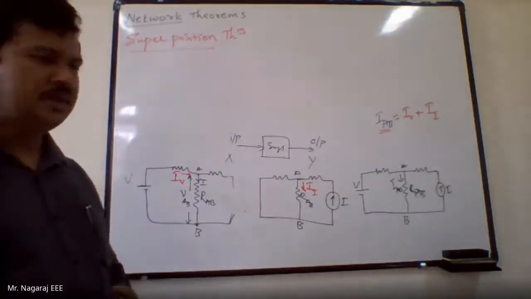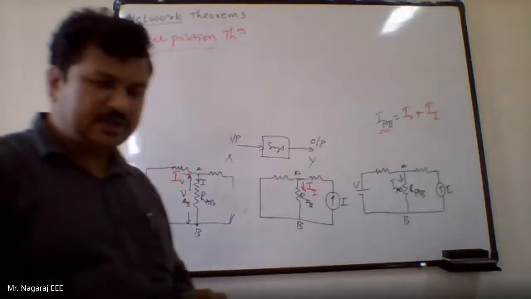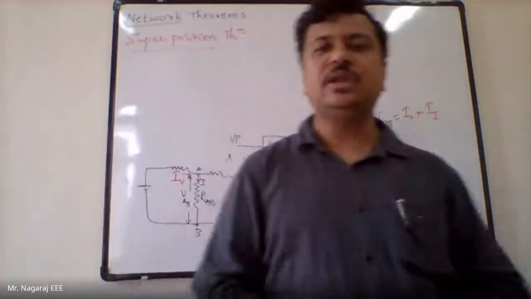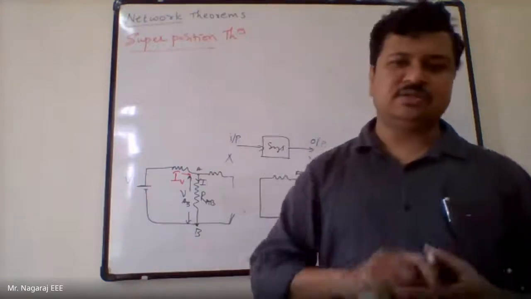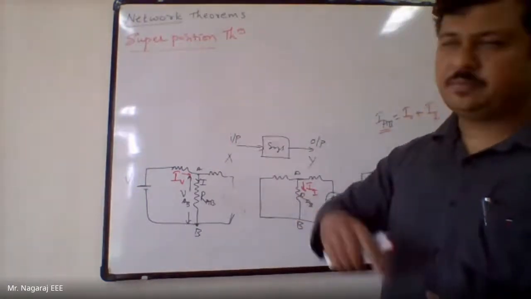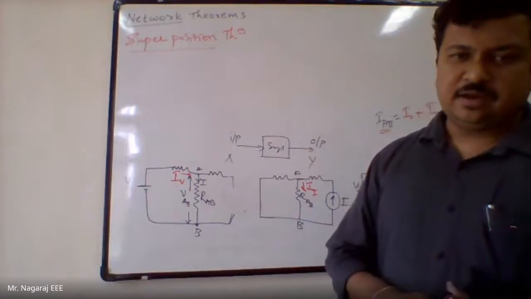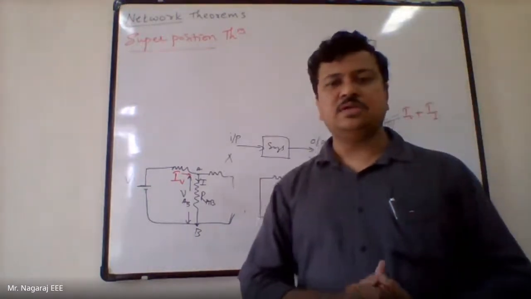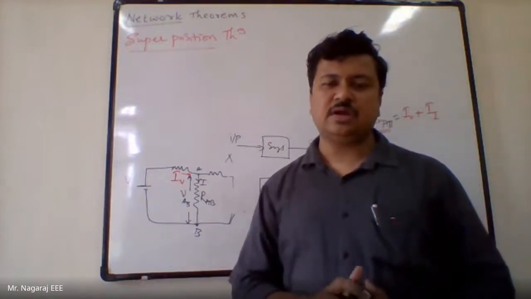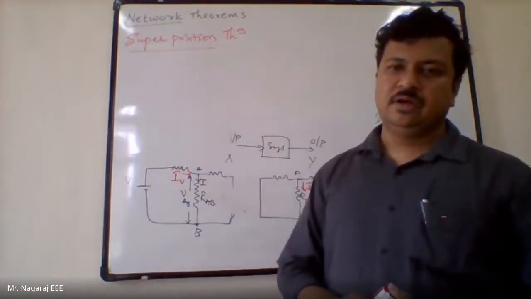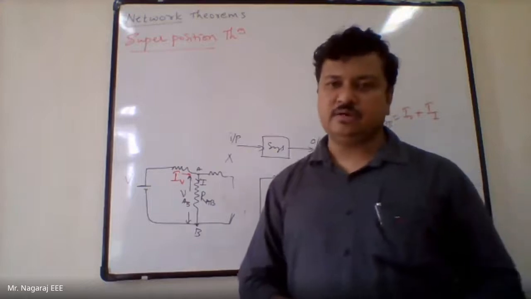The superposition theorem gives us that. But one limitation of the superposition theorem is that it has to be applied only to linear circuits, and only I can get linear quantities. So with this principle, I can apply it only to voltage and current, but not to power, because power is a non-linear quantity.